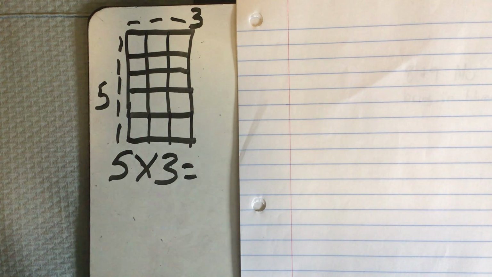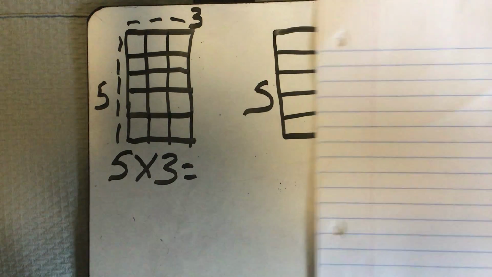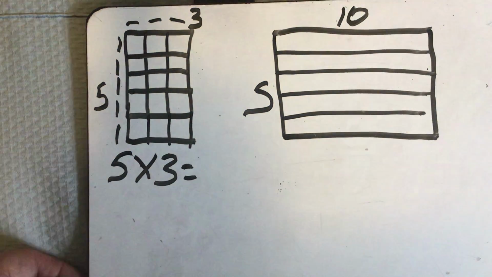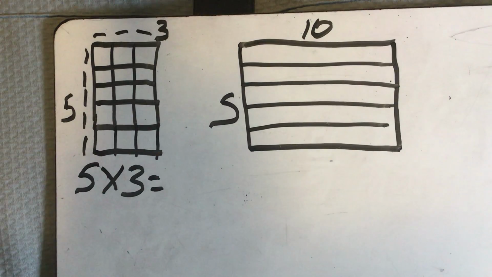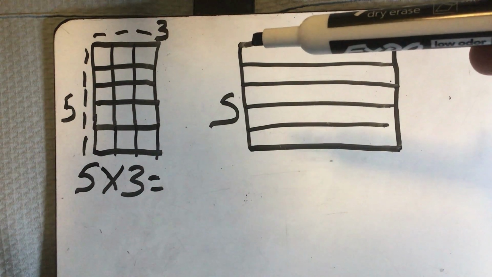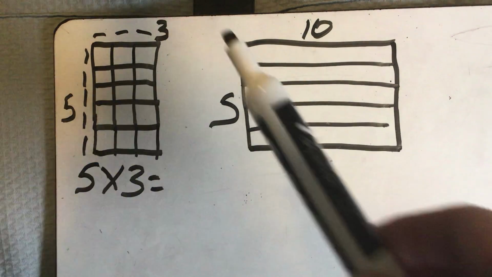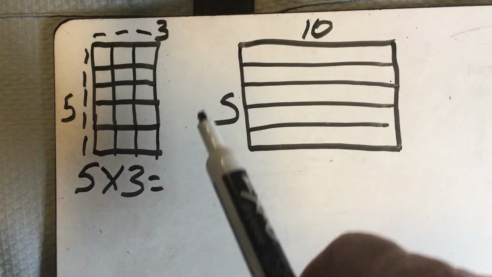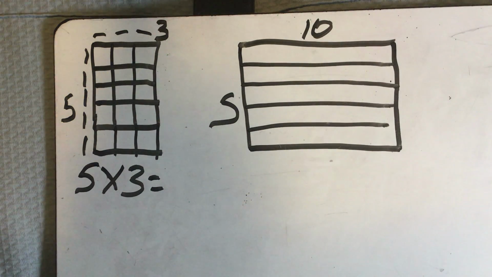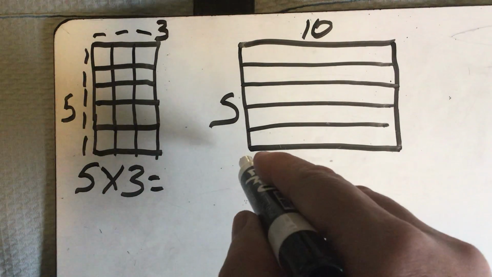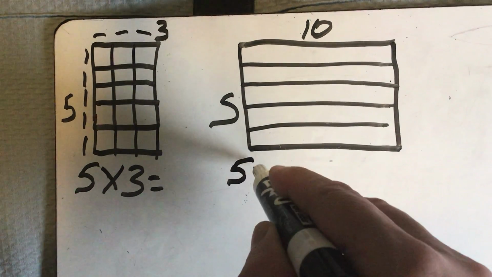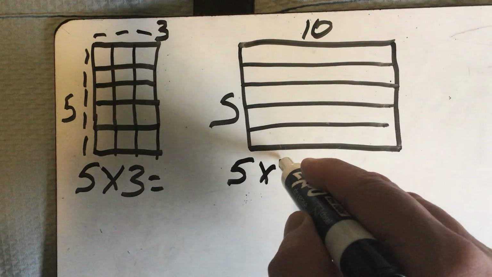All right, let's take a look at a little bit bigger one. Let's say this was another array that we had seen. We notice again there are five, one, two, three, four, five. I didn't draw out 10, but this is a 5 by 10 array. We can make that an equation as well.